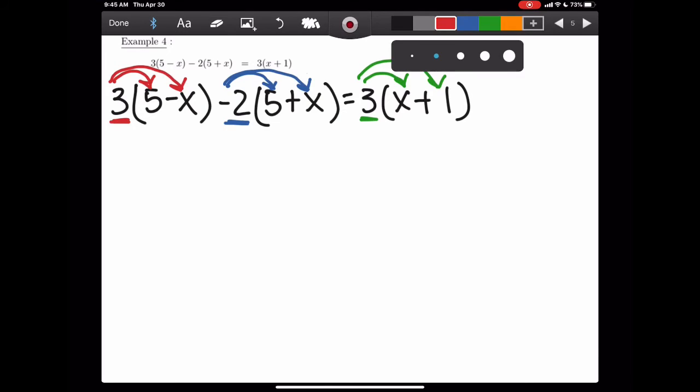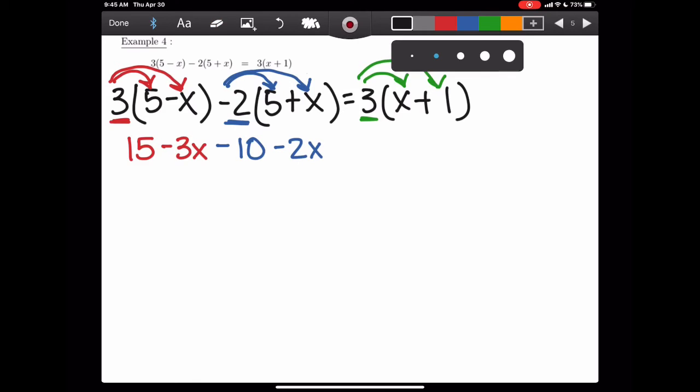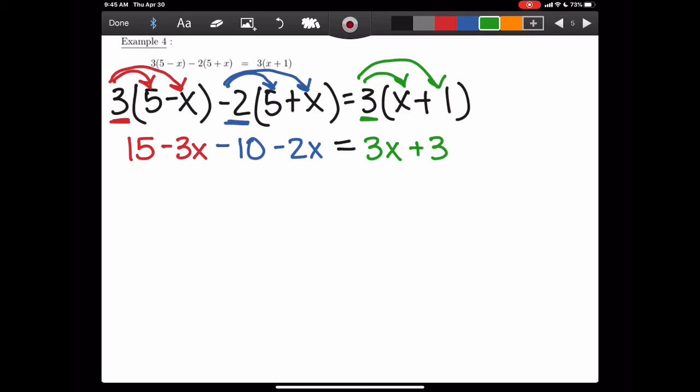So let's do that now. 3 times 5 will give you 15. 3 times a negative x will give you a negative 3x. Negative 2 times 5 will give you a negative 10. Negative 2 times x will give you negative 2x equals 3 times x will give you 3x, and 3 times 1 will give you positive 3.